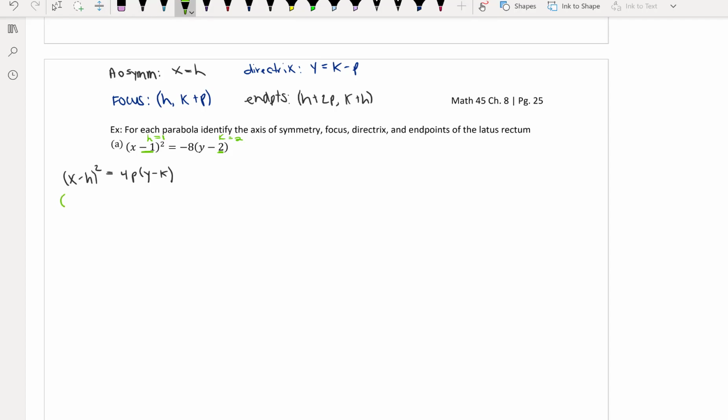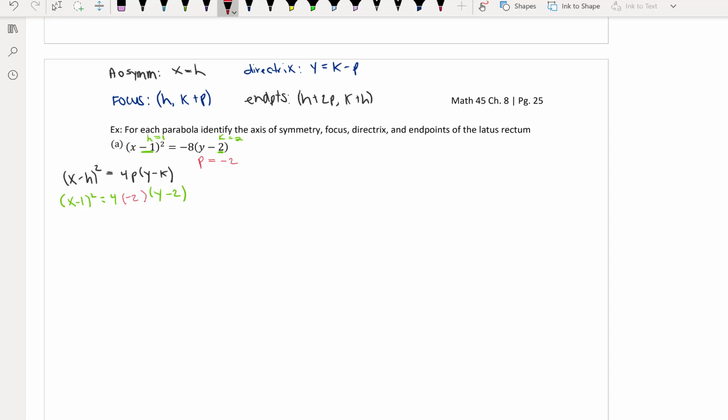So I have (x minus 1) squared is equal to my 4, I have my p value, and I have my (y minus 2). So what is negative 8 divided by 4? Well, negative 8 divided by 4 is negative 2. So now I know that my p value is equal to negative 2. So I have that h is equal to 1, k is equal to 2, and p is equal to negative 2.